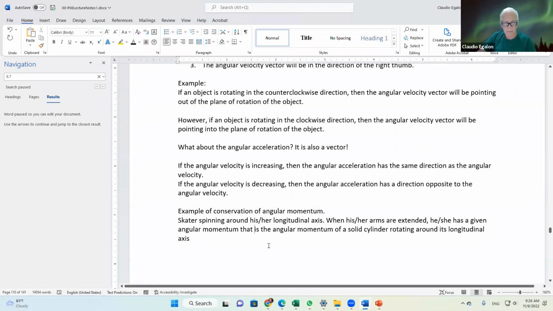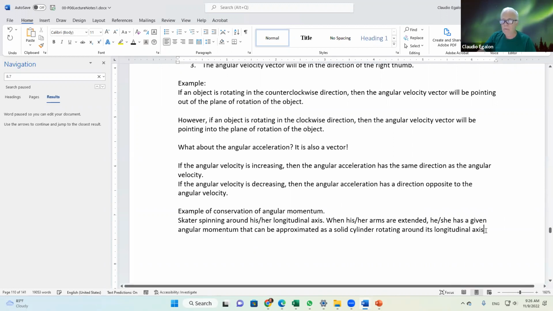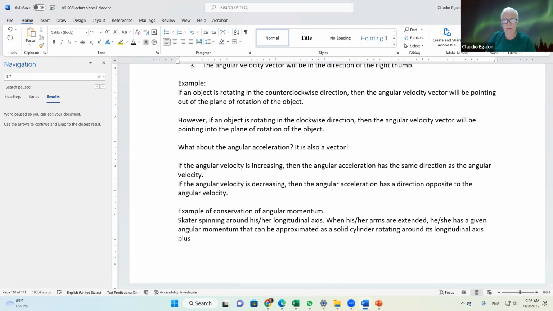that can be approximated, let's put it this way, as a solid cylinder rotating around its longitudinal axis plus a rod, right? Because the arms are much thinner than the body of the skater.